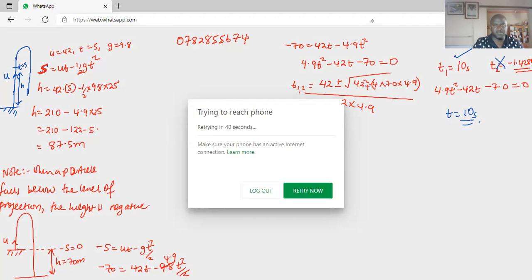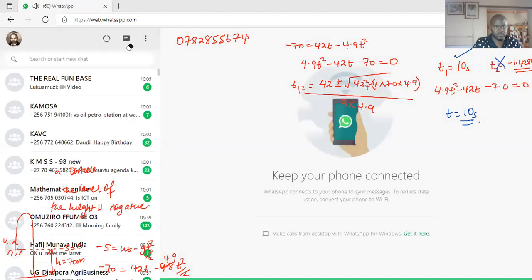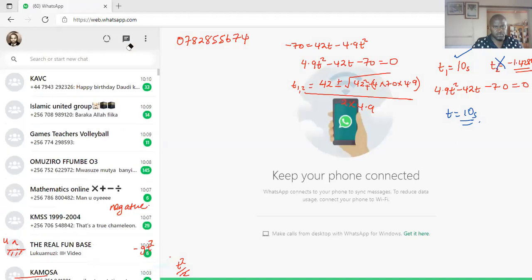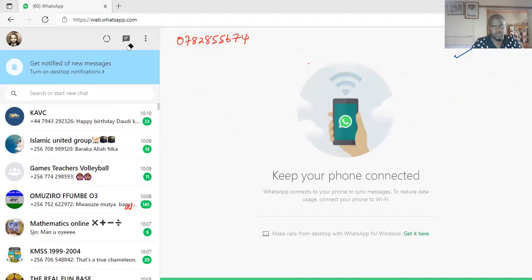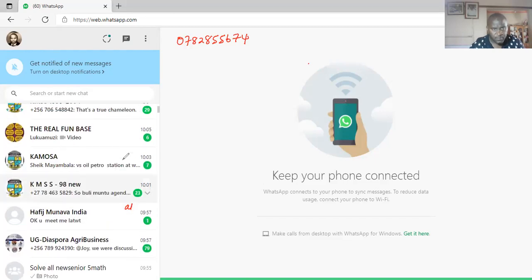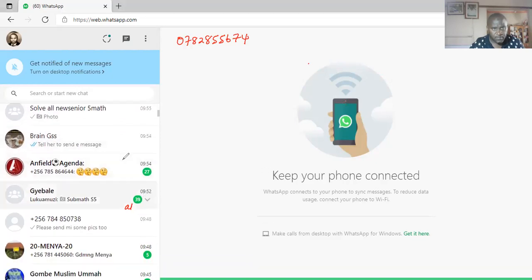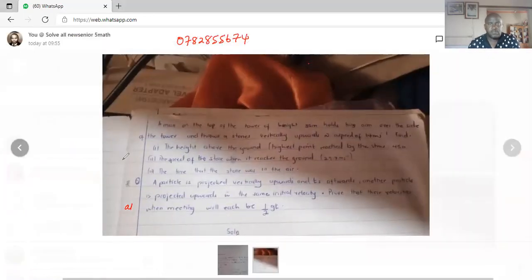As it resets, let us remove this part. So here is our number.